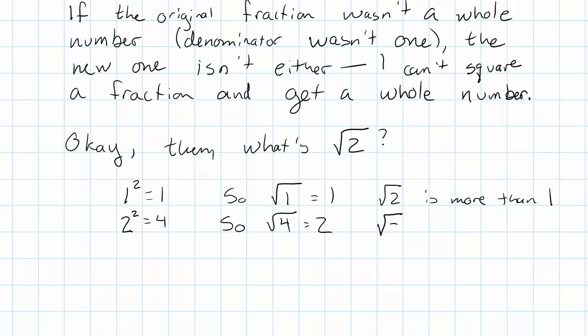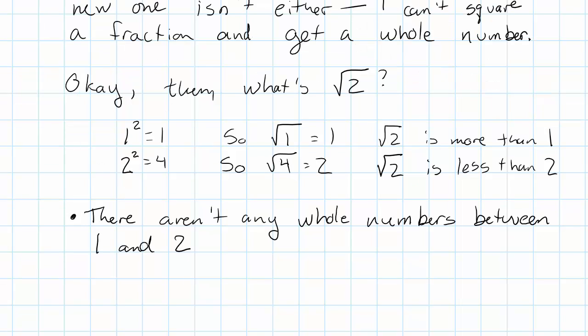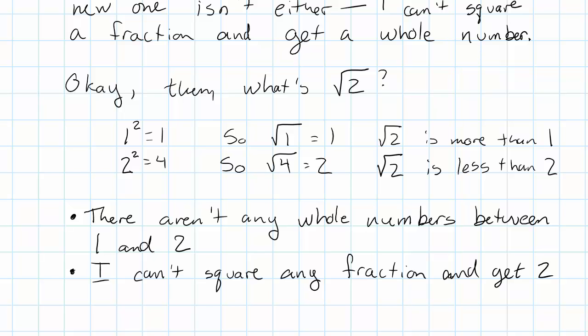The square root of 2 is less than 2. And that's the end of the road, right? Because there aren't any whole numbers between 1 and 2. And we just said the square root of 2 can't be a fraction, because I can't square any fraction and get 2. So the square root of 2 must be a number that I can't possibly write as a fraction.